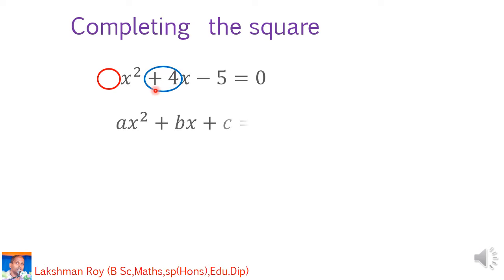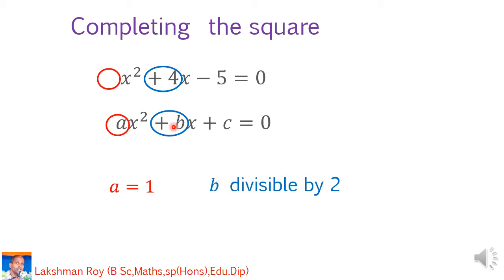In the general form of the quadratic equation, a should be 1, and the coefficient of x, b, should be divisible by 2. In that case it is easy to apply the completing square method. Other cases can also apply, but solving is somewhat difficult.